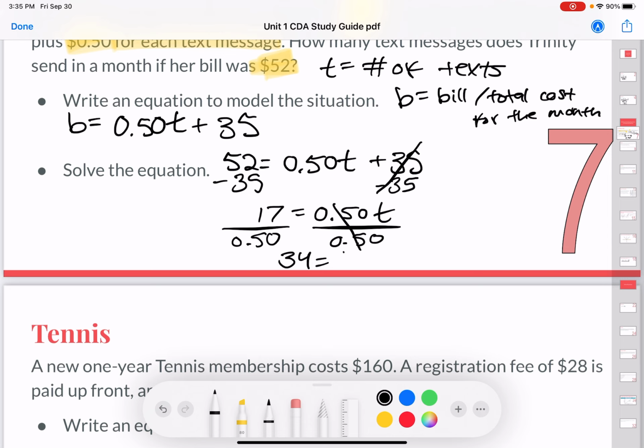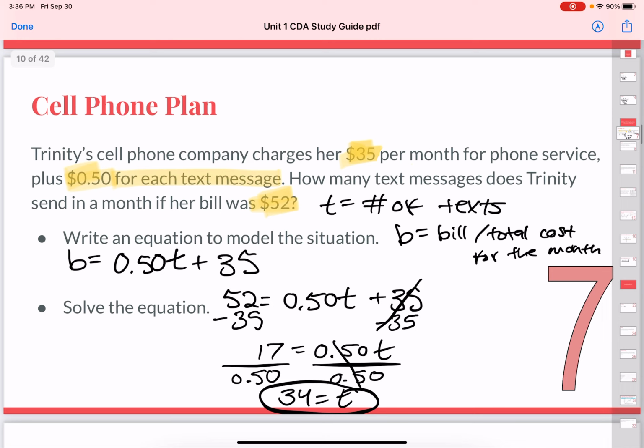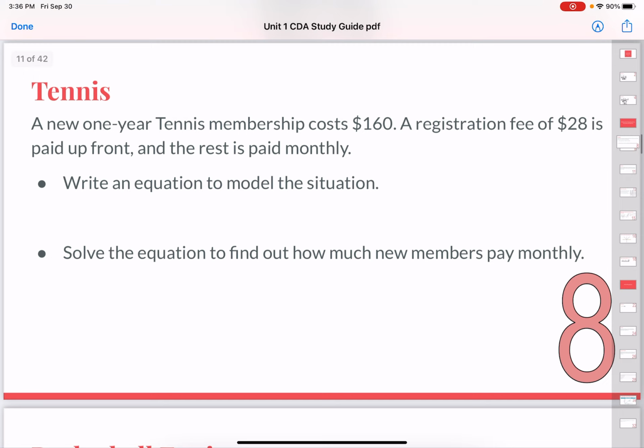Those cancel. T. And so in the context of the situation, this means that Trinity sent 34 text messages in that month. And so that's why her bill was $52. Okay. Moving on.